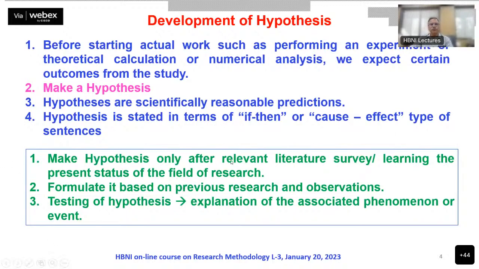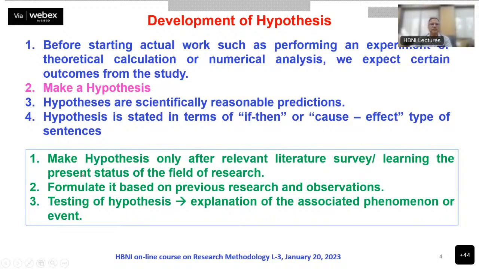So make a hypothesis only after a relevant literature survey. In your area, you need to do a thorough literature survey, and somewhere down the line there will be lectures on how to do one, how to leave no stone unturned. It shouldn't happen that you miss some particular work and later repent that you did not see that publication.